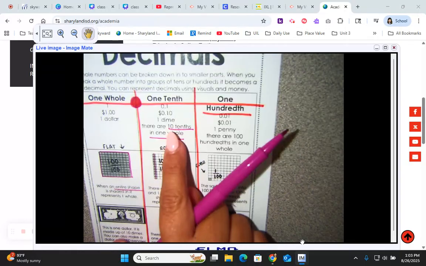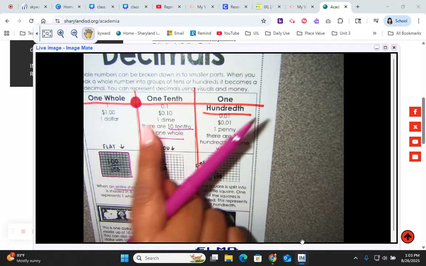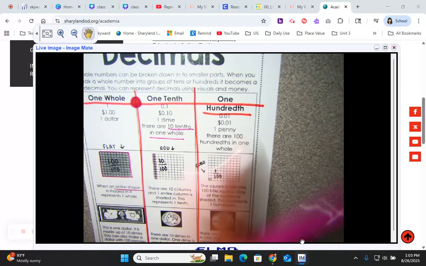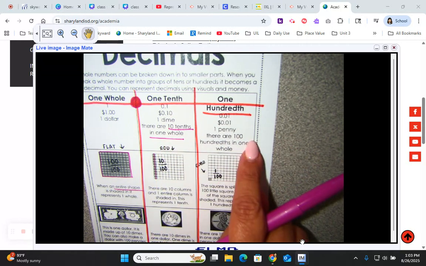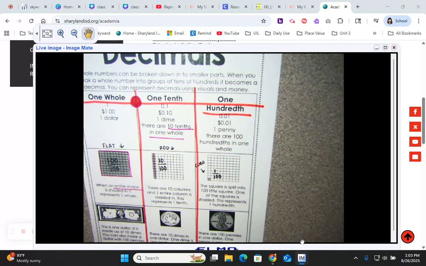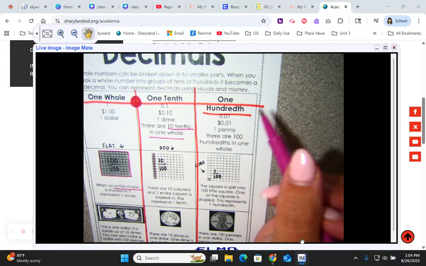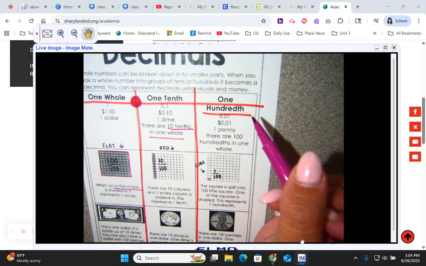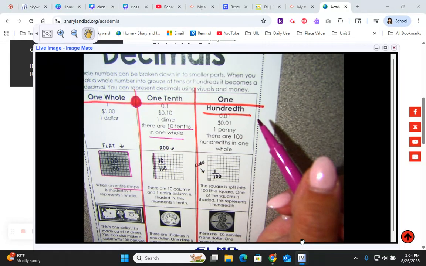Smaller than a tenth, because remember I'm moving to the right, smaller than a tenth is a hundredth. It is called a hundredth because I need 100 of them to make a dollar. So let's say that. I need 100 hundredths to make a dollar.